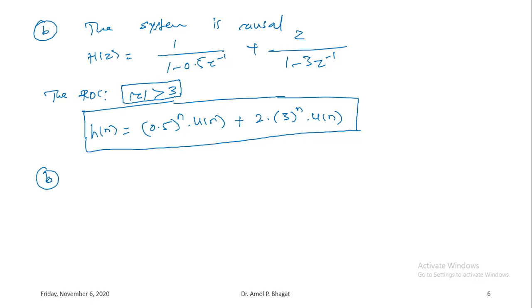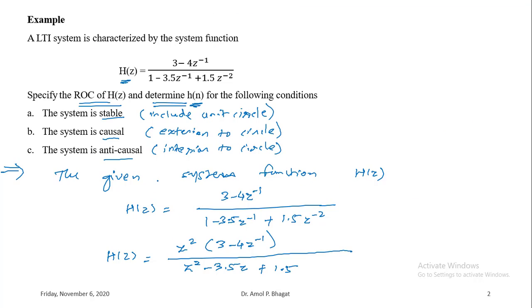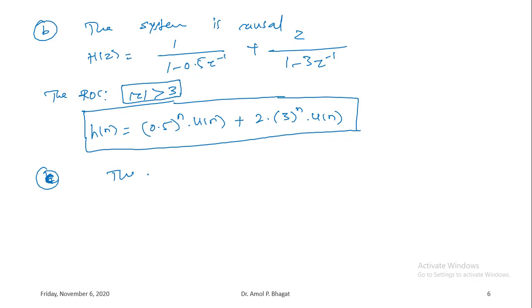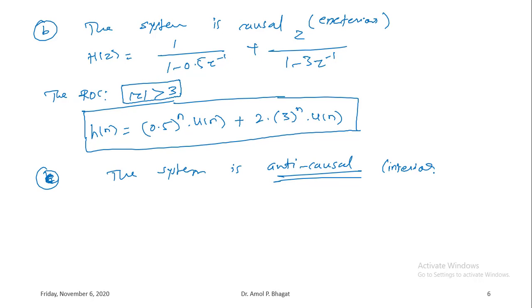As per the third condition, what is the third condition? The system is anti-causal, so the ROC will be interior to the circle. In the case of causal it was exterior; in the case of anti-causal it will be interior to the circle.